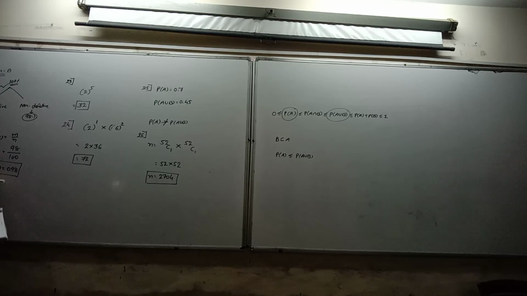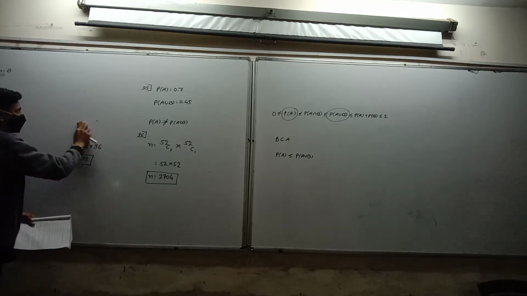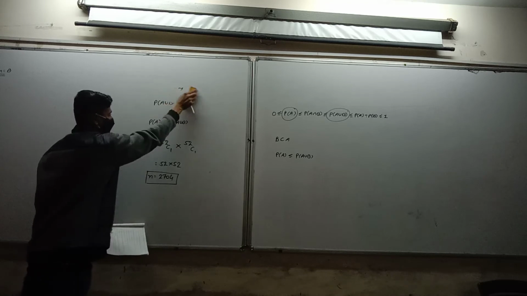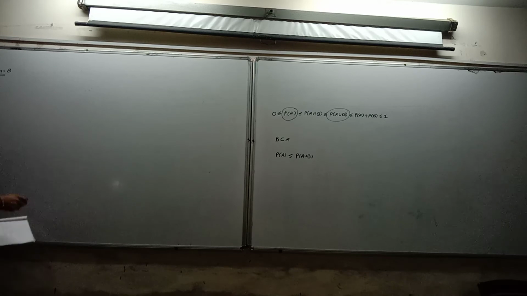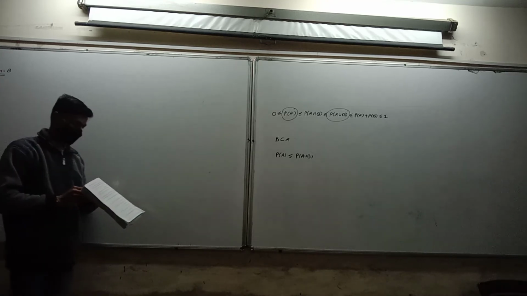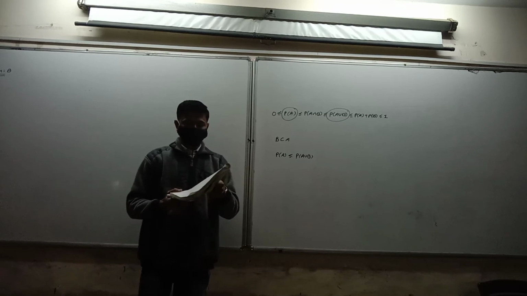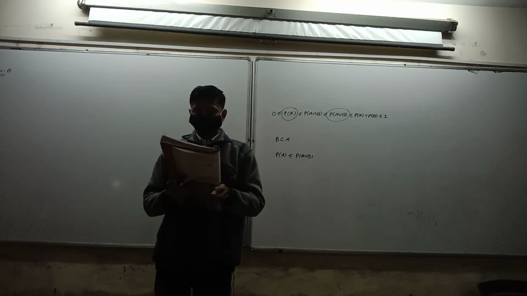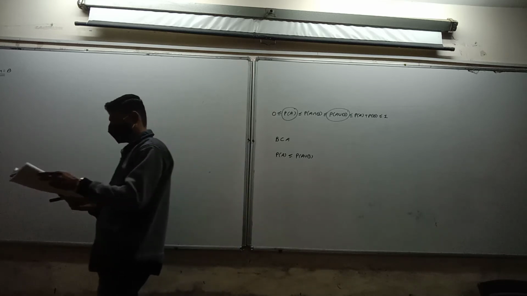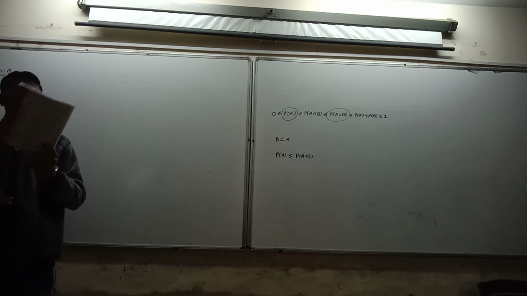Next, question number 27. For two independent events, underline independent events, A and B, P of B given A is equal to 1 by 2.